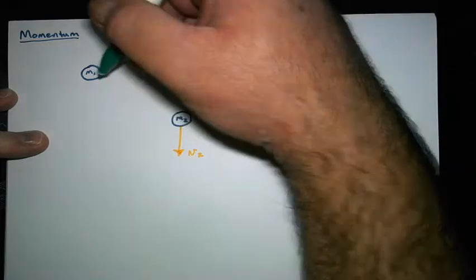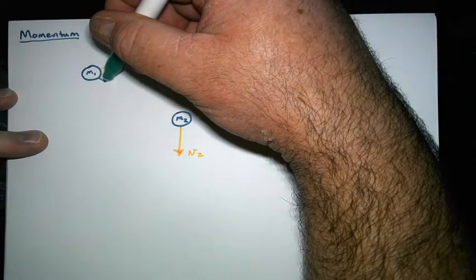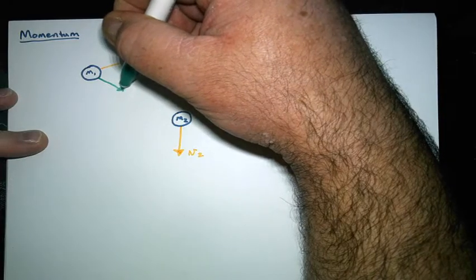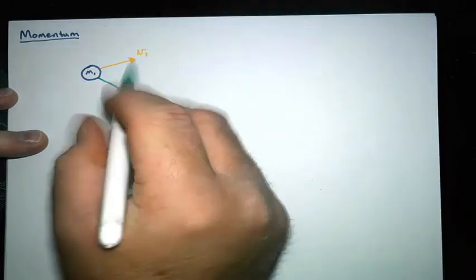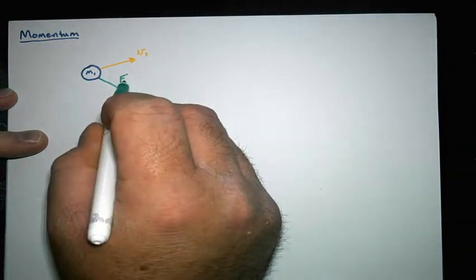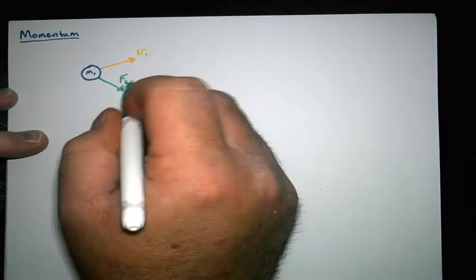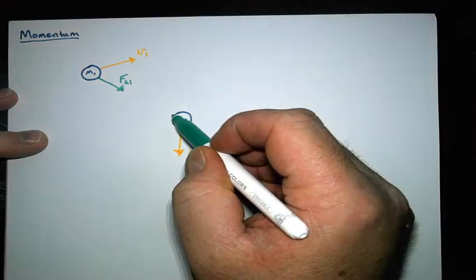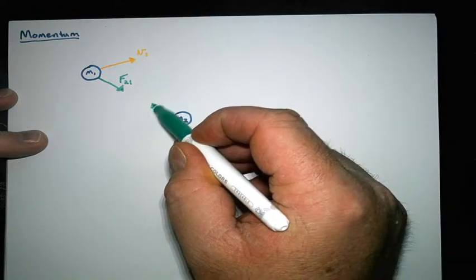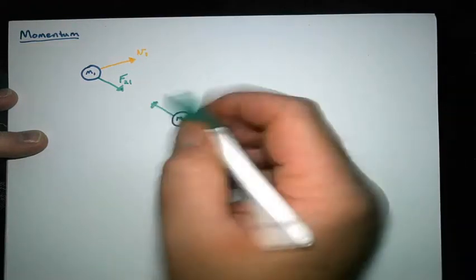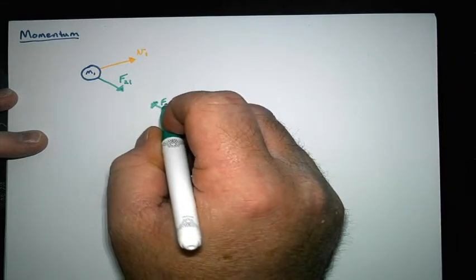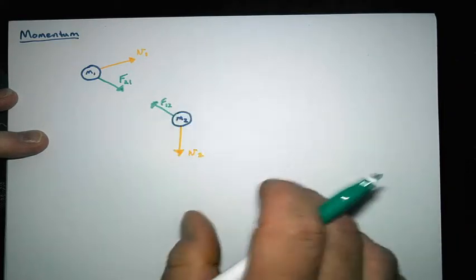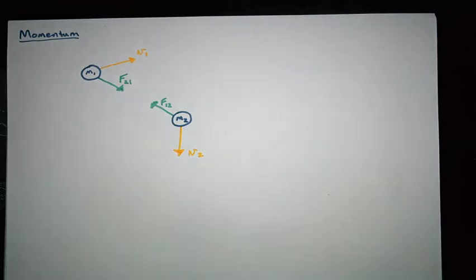So this one is going to have this right here, which would be the force of M2 on the first one, and we would have that, which would be the force of the first one on the second. Yeah?